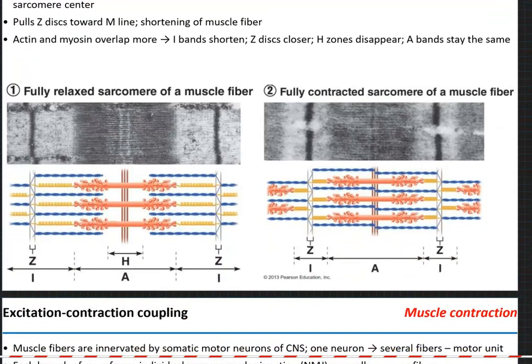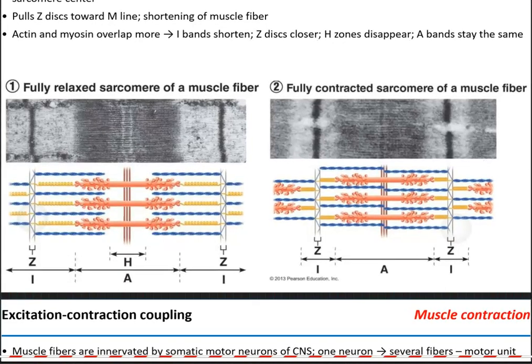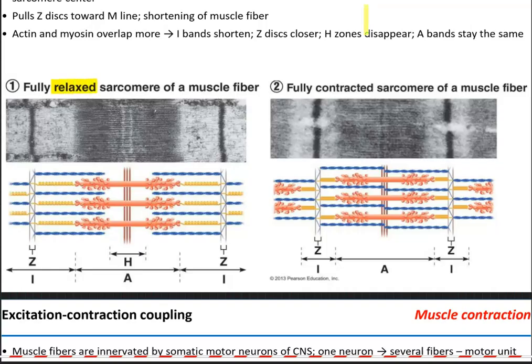at these two sarcomeres. On the left, the sarcomere is relaxed. You can see that thick and thin filaments do not form cross bridges. There is no interaction. This is the width of the A band.